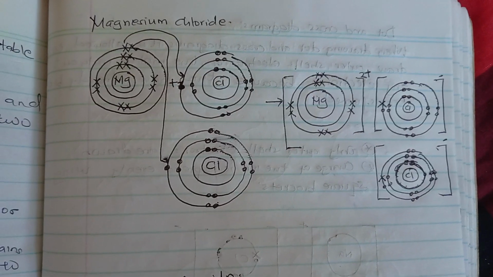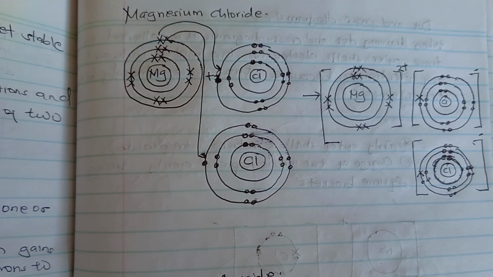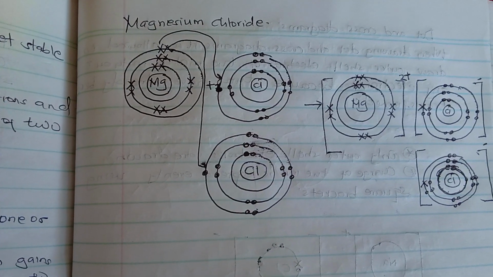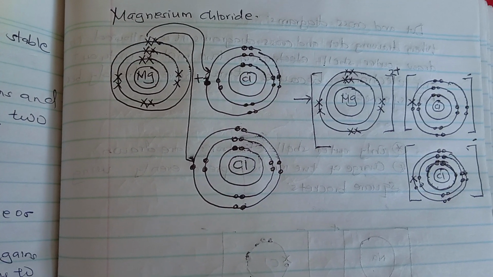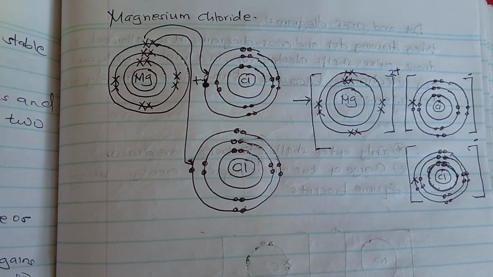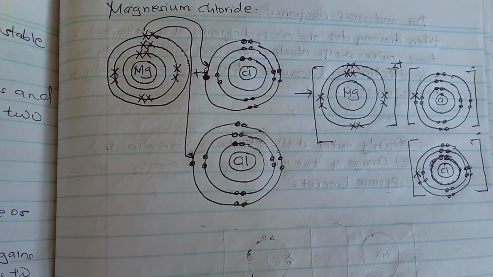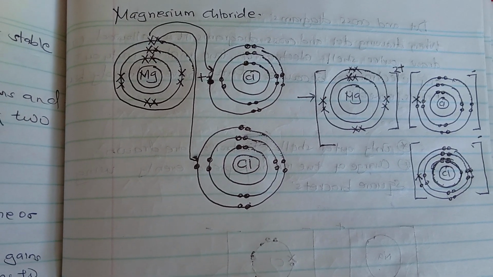Another one is magnesium chloride. For magnesium chloride to be formed, we need one magnesium and two chlorine atoms. The two electrons in the outermost energy level of magnesium are completely transferred to the chlorine, one electron to each chlorine.